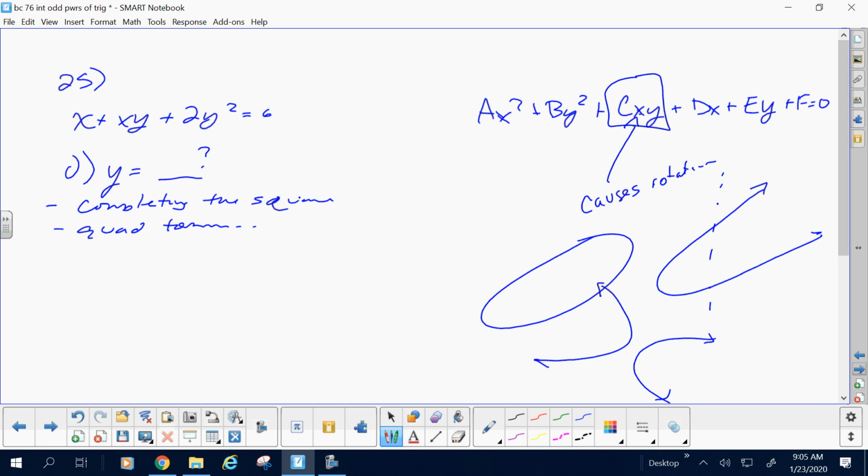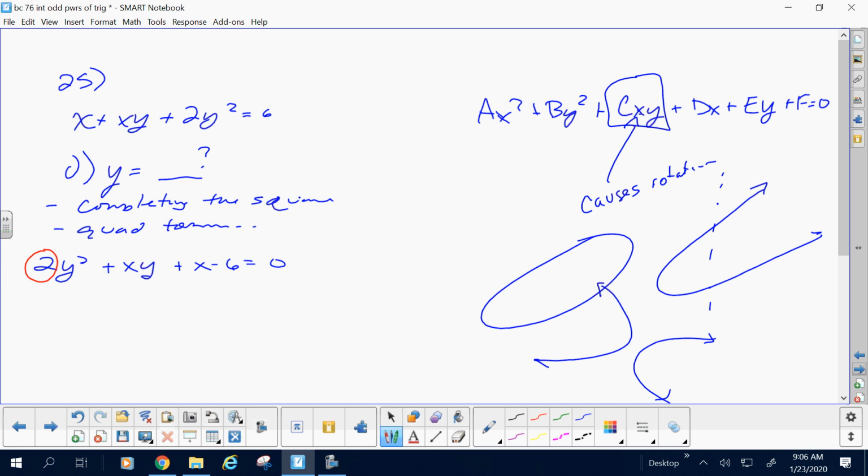Anytime you do a quadratic, you want everything together. I understand there's x's and y's, but you're thinking of y as the variable you're doing the quadratic formula on, and x is more like a constant. So 2y squared is first, the y to the first term is second, and anything that doesn't have a y in it, which would involve x minus 6, that's last.